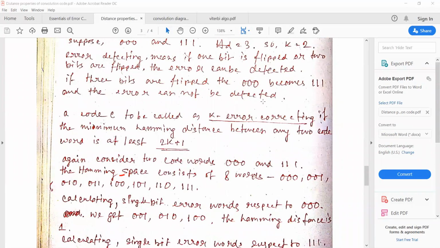For the correcting purpose, we will again consider two code words, 0, 0, 0 and 1, 1, 1, and the Hamming space. You know that the Hamming space is the 3-bit representation, basically all possible combinations of 3 bits. So in the Hamming space there will be 8 words, like 0, 0, 0, 0, 0, 1, in this way up to 1, 1, 1.